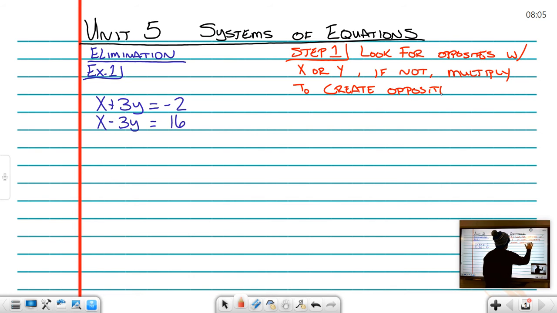So what I mean by that is, and we'll do that in our next example, but let's say if this was a +3 instead of a -3, well then we would have to multiply one of these two equations by something to change it in order to create that opposite. Okay, so we're going to look here. Do we have opposites? Yes, we have opposites right here in 3y and -3y.